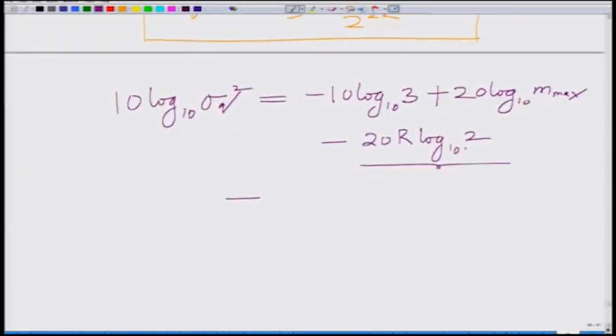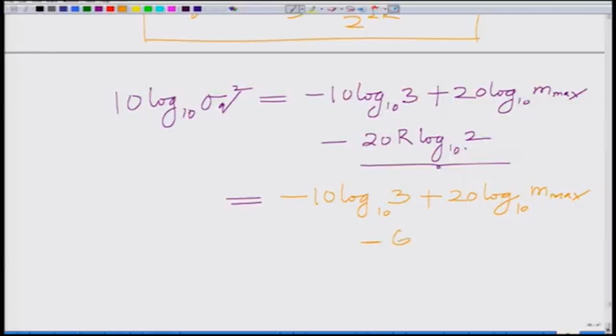So, you can write this as minus 10 log 3 to the base 10 plus 20 log m max to the base 10, minus 20 into 3, since 10 log 2 to the base 10 is approximately 3.